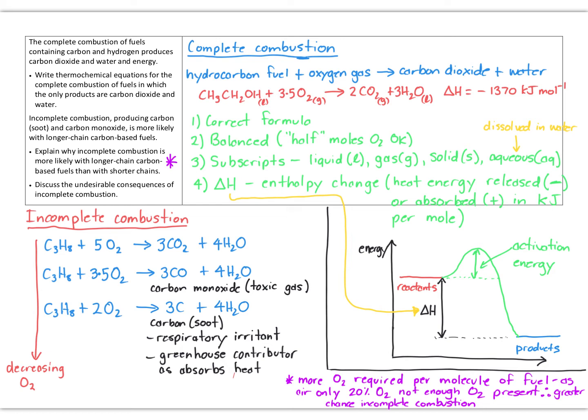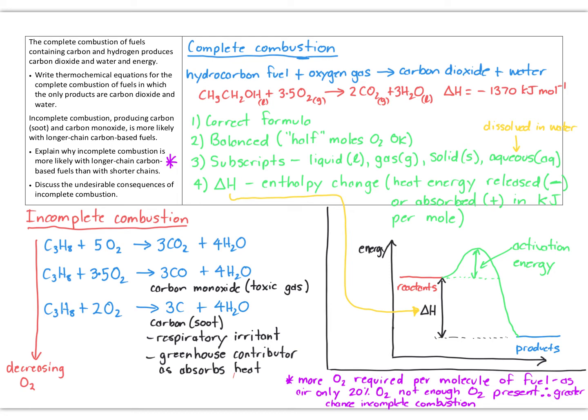At the other end, if we get to things like hexane, heptane, octane that's found in petrol, where we have 6, 7, 8 and keep going with more and more carbon, we're more likely to get this incomplete combustion. And the reason that we're more likely to get incomplete combustion is, basically, more oxygen is required per molecule of fuel.